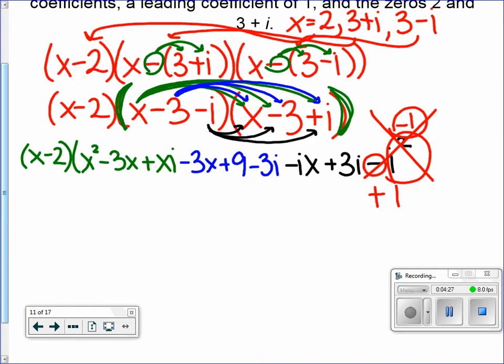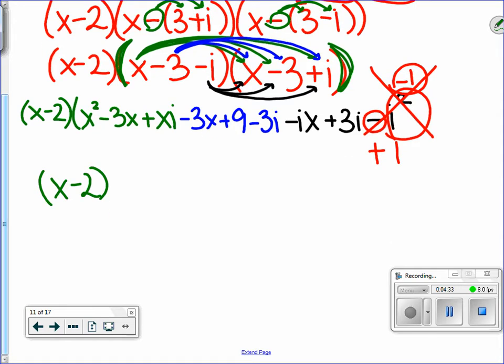Now let's just combine like terms. So you've got x minus 2 at the front. And what's really nice is a bunch of stuff is going to cancel out. We've got x squared. So x squared is done, then negative 3x, negative 3x. And are there any other x's other than the ix? There is not. So minus 6x.